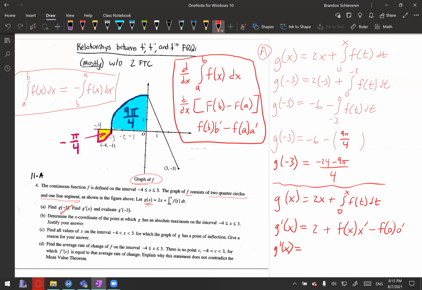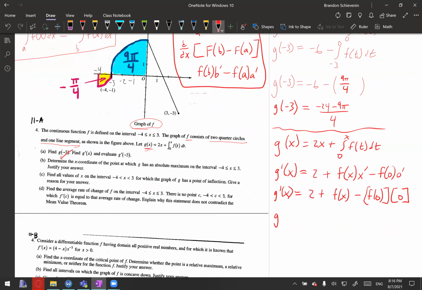Jade, what is the derivative of x in terms of x? 1. 1, so this is f of x. And then what is the derivative of 0 in terms of x? 0. 0, so this is minus f of 0 times 0. And then anything times 0 is 0. So we can cancel out that whole term.